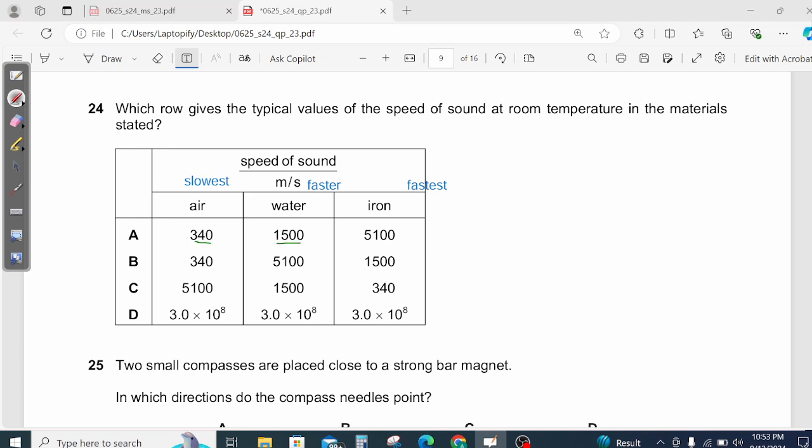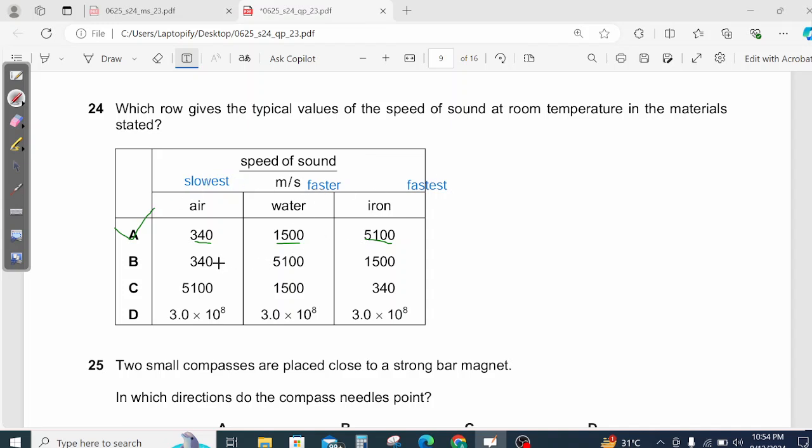In liquid, especially in water, its value is about 1500. In metals, if you talk about iron, the speed of sound in any metal is from about 2000 and above. Here it has mentioned iron, it is already 2000 above, so I think this is your correct option. You have to check the idea only: slowest, faster, fastest.